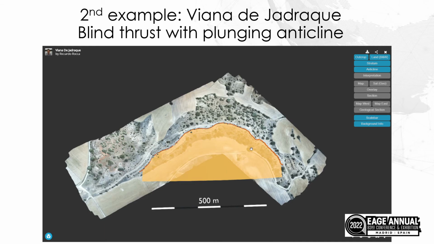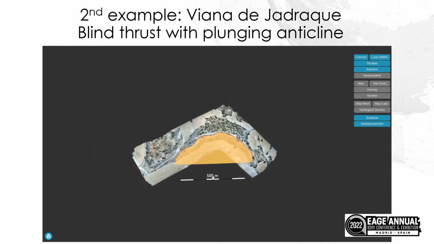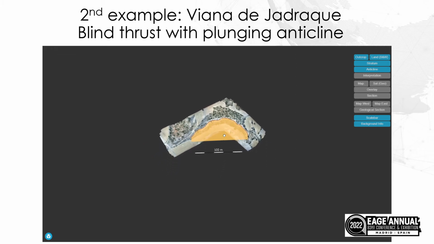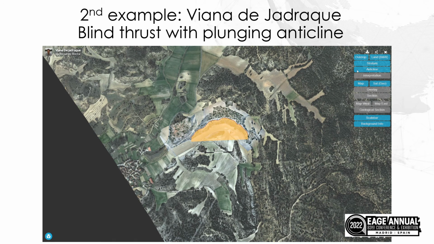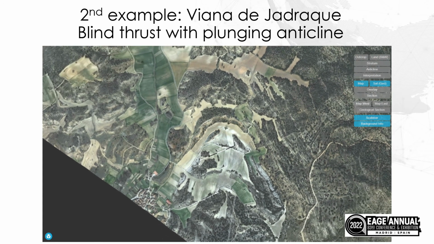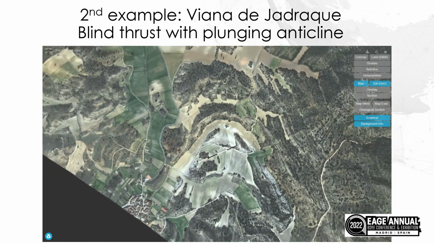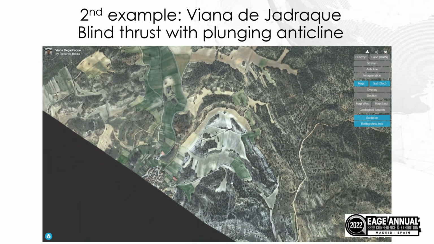Now, regarding this crescent shape, it is something very recurrent in this area, and we can see it if we zoom out and if we add the satellite image. So we see that in the alternation of hills and fields, we can recognize over and over this crescent shape.